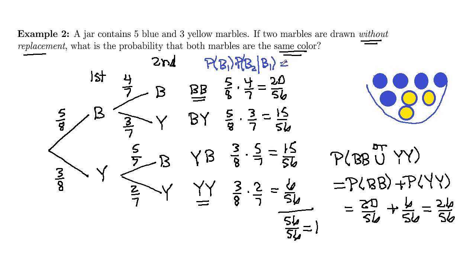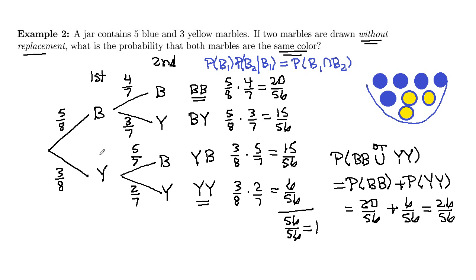And what do you get out of there? Well, this is our E, and that's our F, and then this is E given F. So that probability is going to be probability of E and F, so that's blue on the first and blue on the second. So these are really conditional probabilities in the second slot.